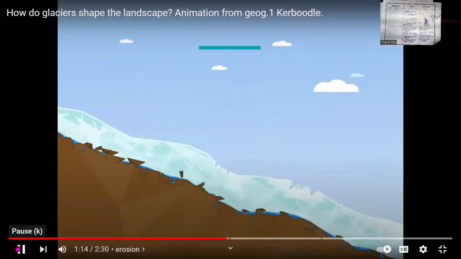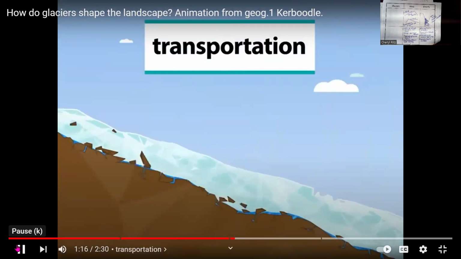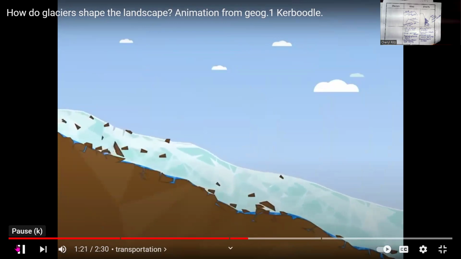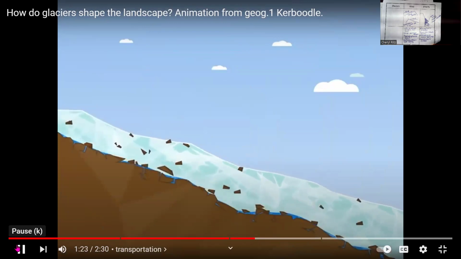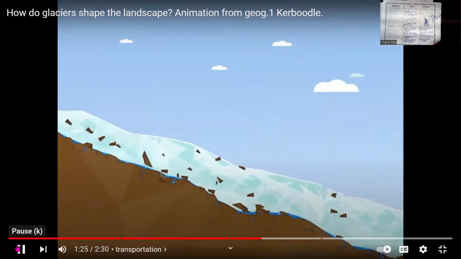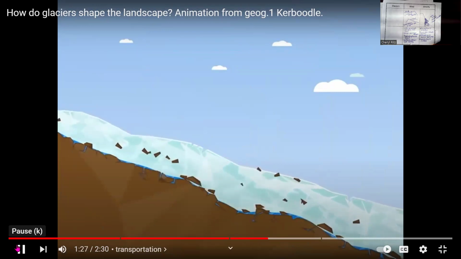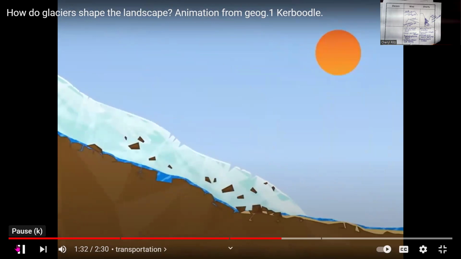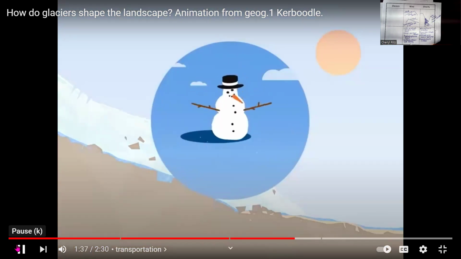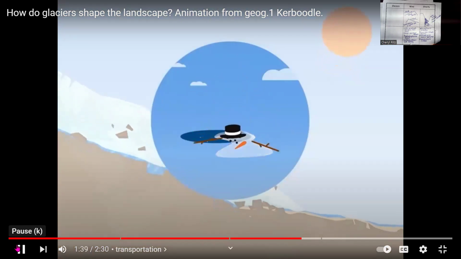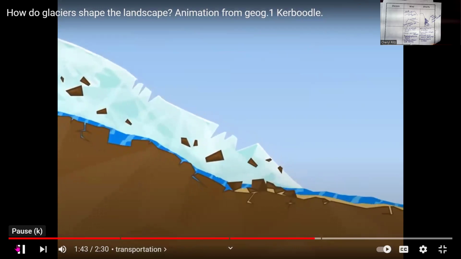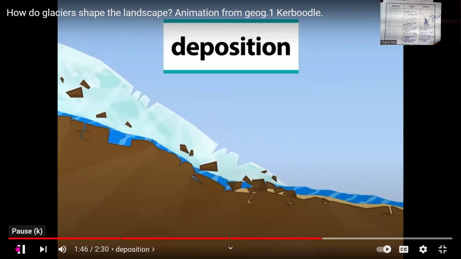Secondly, the glacier transports this eroded material as it flows downhill. Some of it is hidden inside or at the base of the glacier where it can't be seen, but sometimes it is transported on the top of the glacier. This is why glaciers often look dirty. As the glacier flows down a mountain, it gets warmer and starts to melt. Just like a snowman, anything which cannot melt is left behind. As the glacier melts, the rocks and stones fall to the ground. We call this deposition.